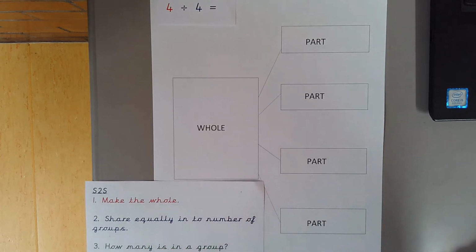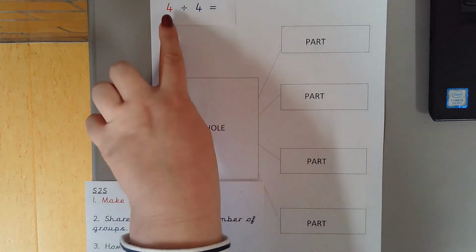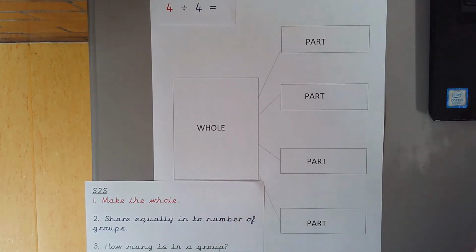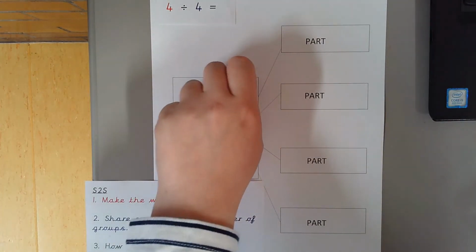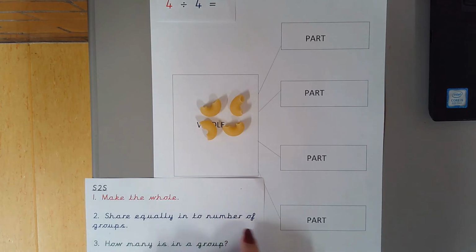Okay, so we're on to the next part of our lesson where we're looking at finding a quarter, and we know that when we're looking for a quarter we are dividing by 4. So this time my whole, which I need to make, is 4. Step 1, make the whole. My whole is 4. Share equally into the number of groups.